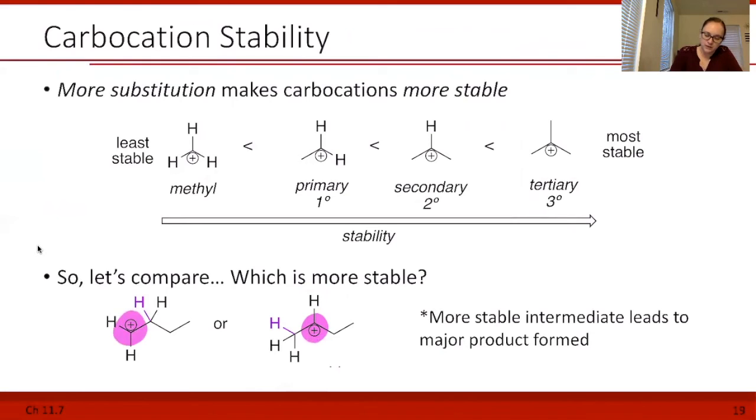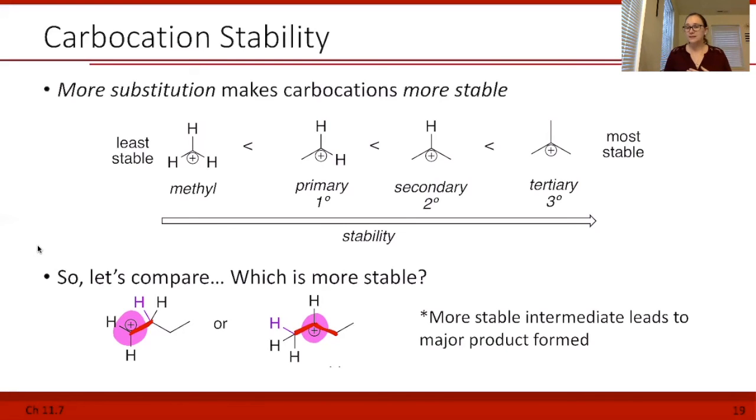In our first one, we have one side that has a substituent, but only one. So that's called a primary carbocation. In this other one, two sides of the carbocation have substitution. Therefore, it's secondary. The more things off of that carbocation, the more stable. More stable intermediates are more likely to be formed.